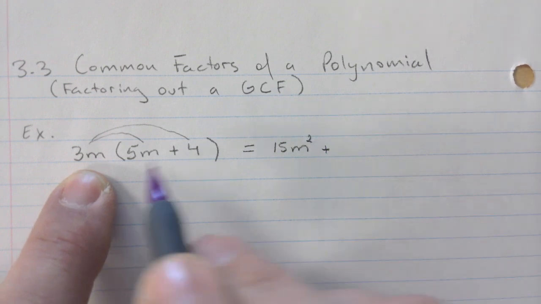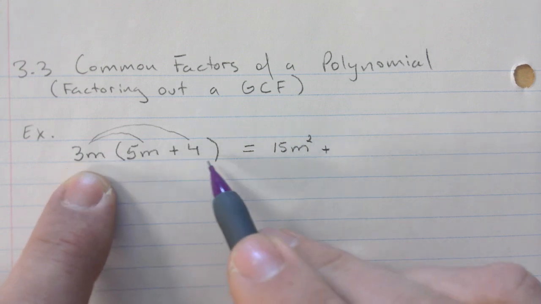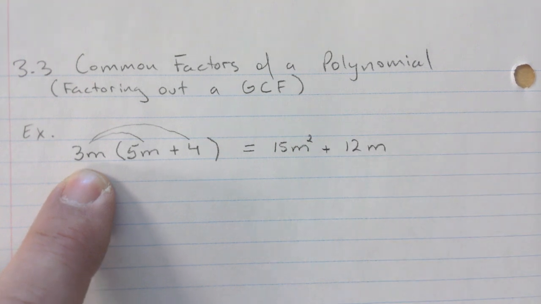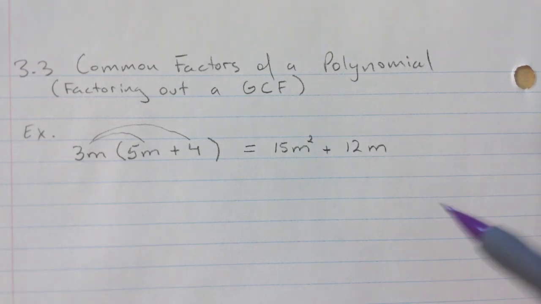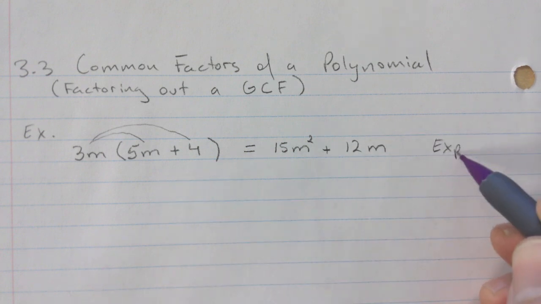Watch out for that, right? Because m and m equal m squared. And then 3m times 4, that'd be 12m. So this would be expand.